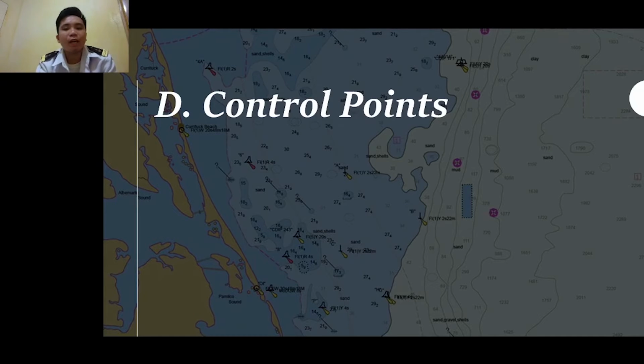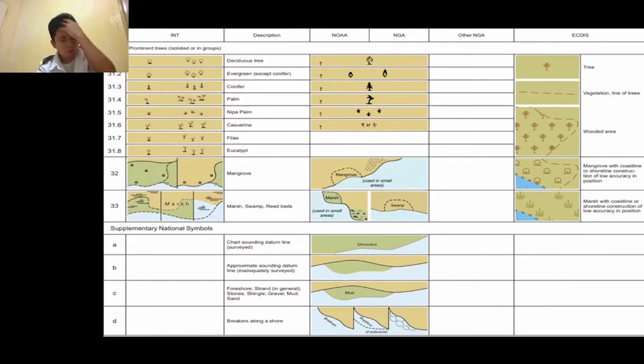Thank you for listening, and I hope you will be familiar with those symbols and abbreviations I have discussed, because these are integral in attaining a safe and efficient voyage, to understand hazards and the dangers that we must avoid, and to understand the advantages of aids to navigation that we can use on the nautical charts.